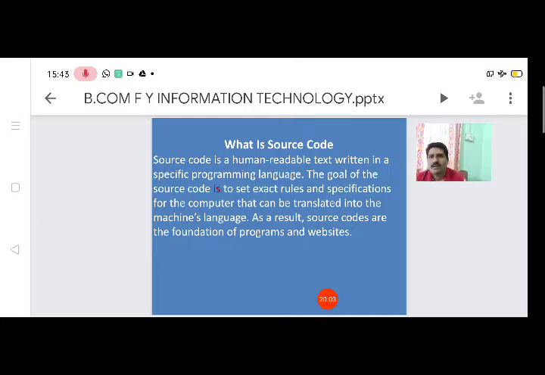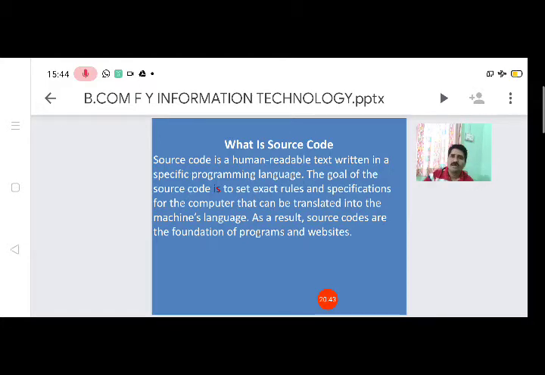Source code is human readable text written in a specific programming language, which can be translated into the machine language for the computer. As a result, source code is the foundation of programs and websites. This is called the source code.